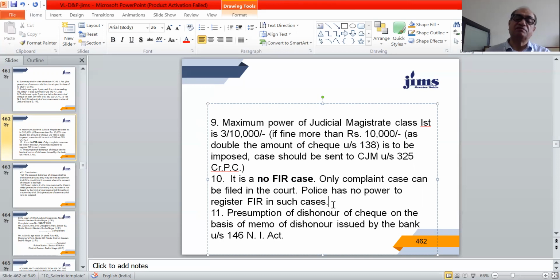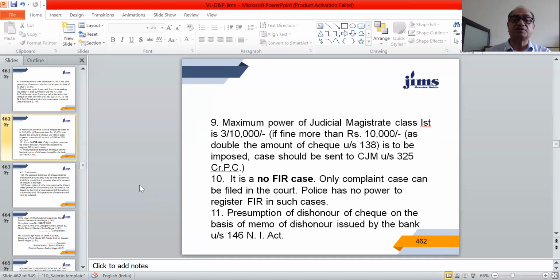And rule number 11 of this summary is that presumption of dishonor of check on the basis of memo of dishonor issued by the bank is there under section 146 of Negotiable Instrument Act. Once the bank has issued a memo of dishonor, there is a legal presumption that check has been dishonored.